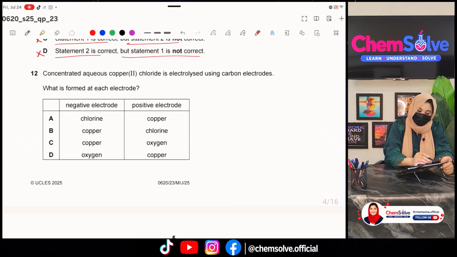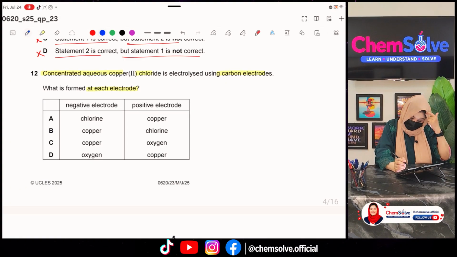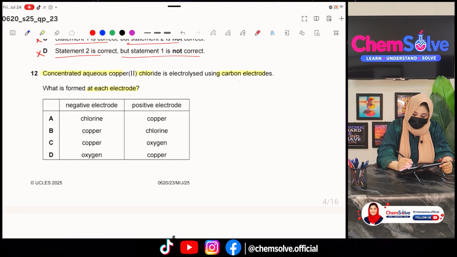In question number 12, concentrated aqueous copper chloride is electrolyzed using carbon electrodes. What is formed at each electrode? So let's do this. Concentrated copper chloride, so CuCl2.